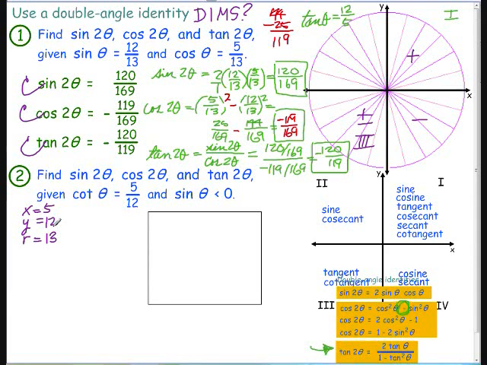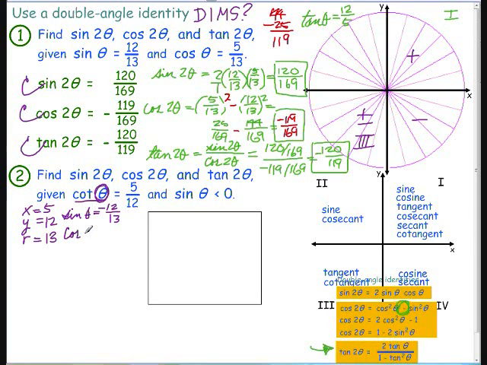25 plus 144 equals 169. The square root of 169 is 13. So from that I can get sine of theta. Remember, this is my single angle stuff. Sine of theta equals 12 over 13, but it's in my third quadrant, so it's negative.